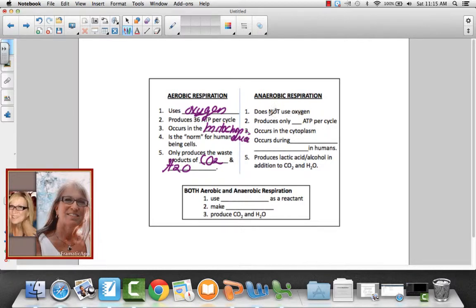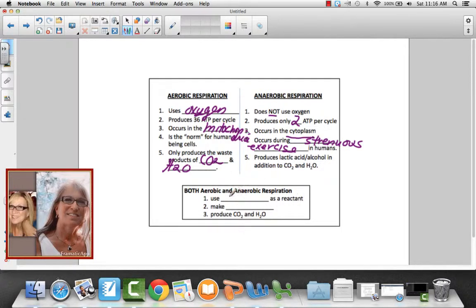Anaerobic does not use oxygen. It only produces 2 ATP per cycle. This occurs in the cytoplasm versus the mitochondria, and it occurs during strenuous exercise in humans. And it produces lactic acid / alcohol in addition to CO2 and water.